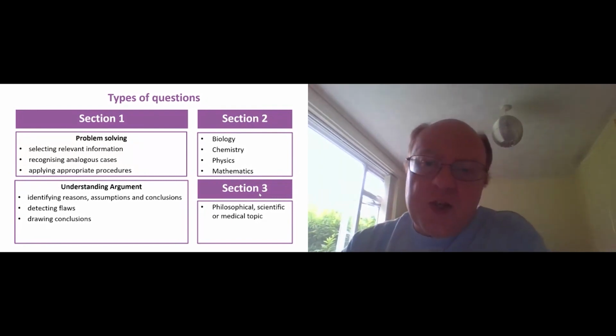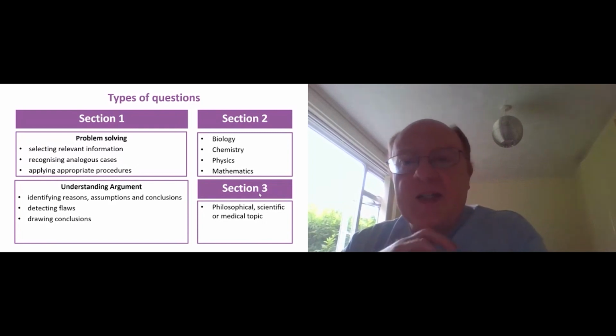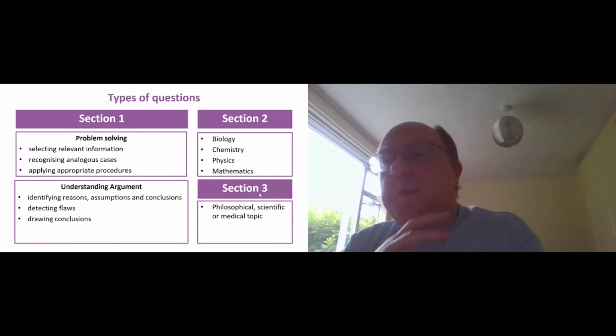As I said, section 2 is all about biology, chemistry, physics, and mathematics. And section 2 is where you really need to have some particular knowledge. Section 1 doesn't rely on any external knowledge. Section 2 does.